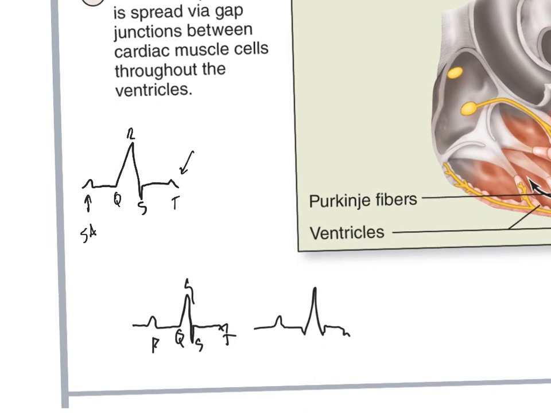What do you think happens next? So atria contract, ventricles contract. Now what? Reset. This is repolarization. Okay? So there's your AV node right there. Okay, this is ventricle depolarization, and then you have repolarization that occurs over there.